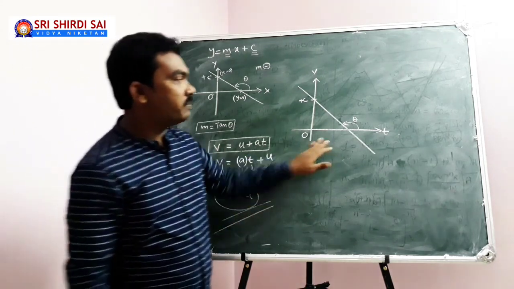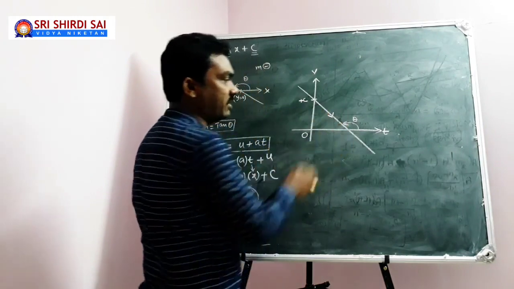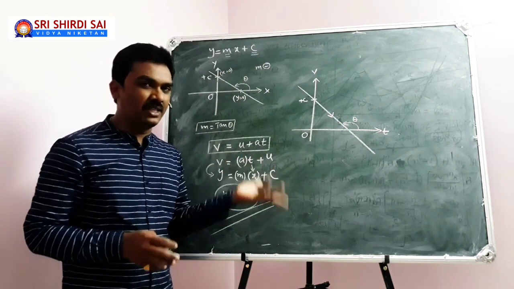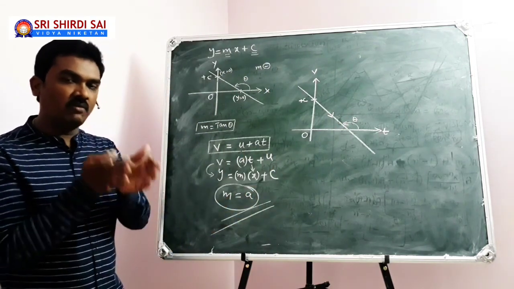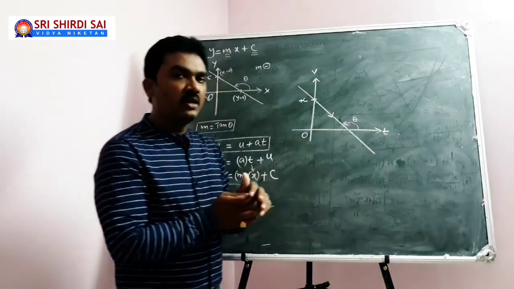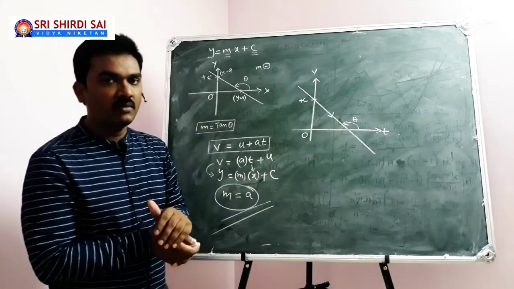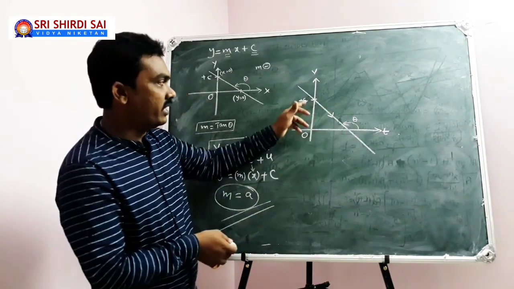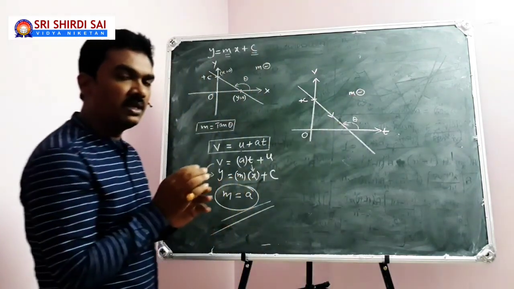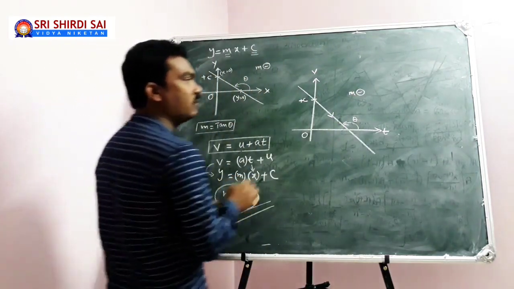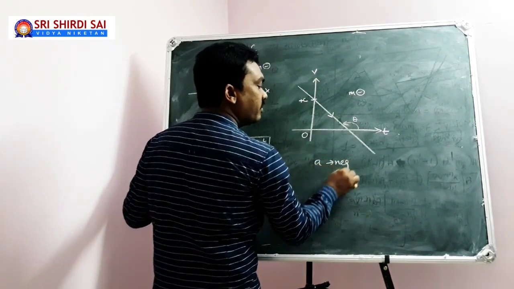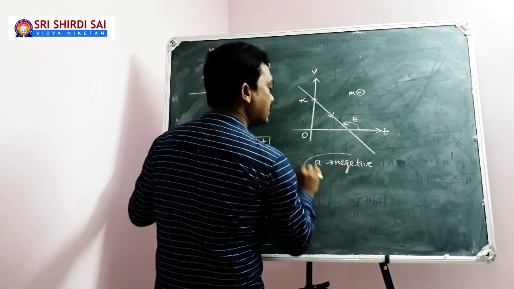But in this particular example, it is not compulsory that your velocity-time graph should be like that. If your velocity versus time graph is a straight line in this way, having a positive y-intercept and a negative slope, it means the slope is negative, so acceleration is negative, so your body is traveling with deceleration.